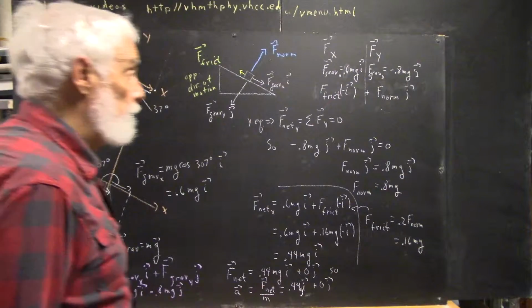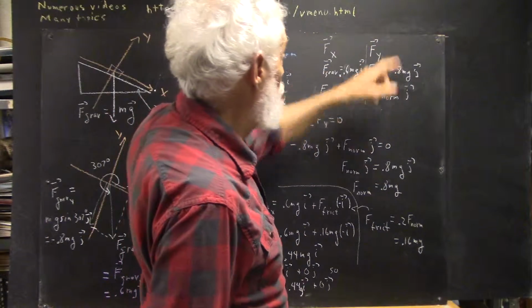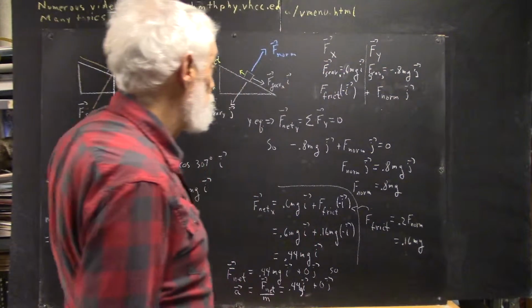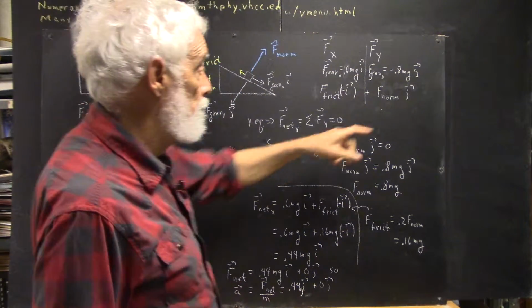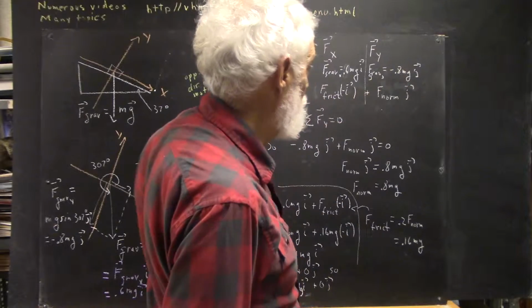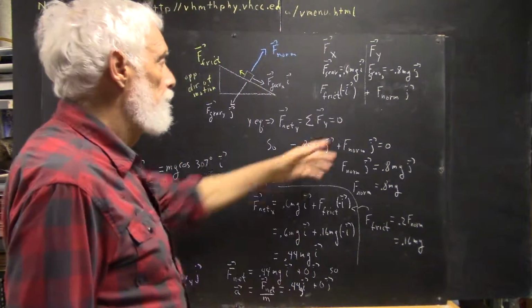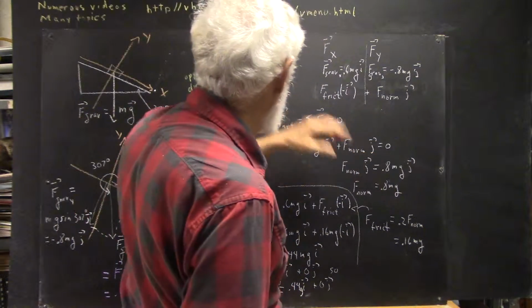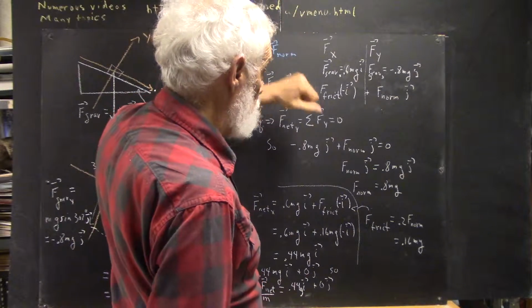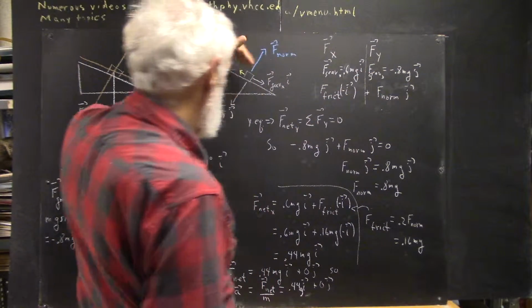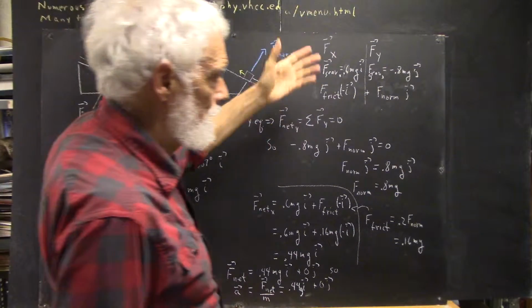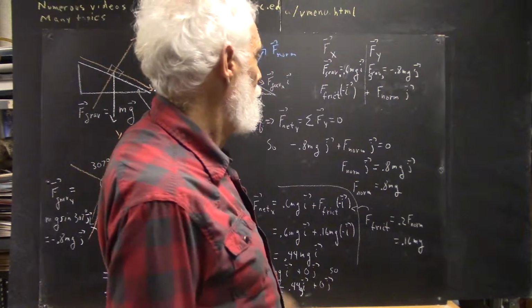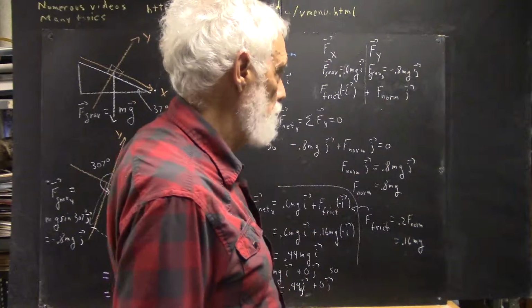And then what about our y forces? Well, there are just two of them. We have the gravitational component, which is negative 0.8 mg times j, plus the magnitude of the normal force times j. So we'll just say this is F norm times j.